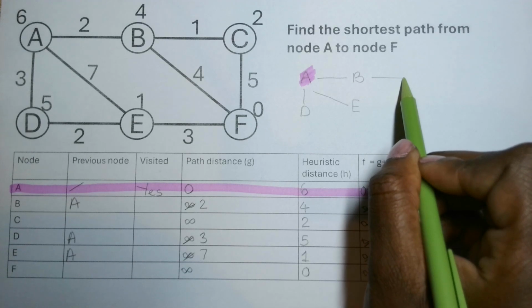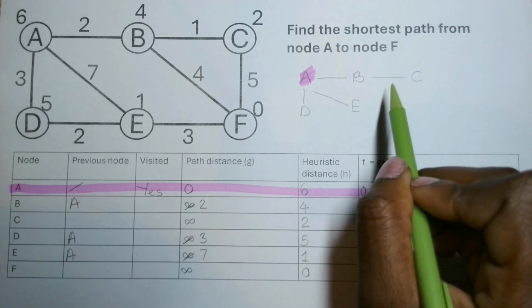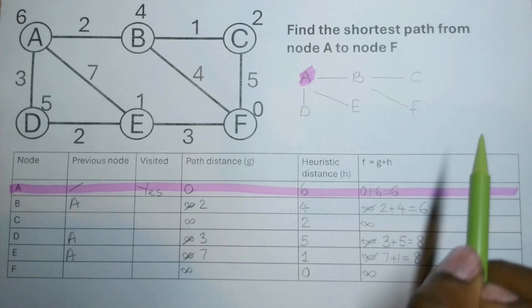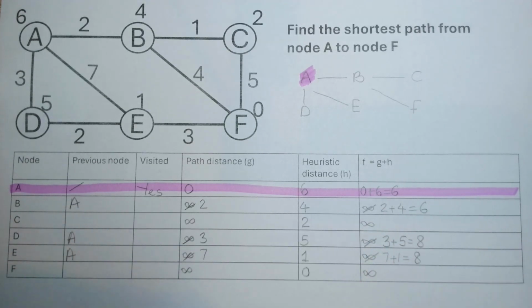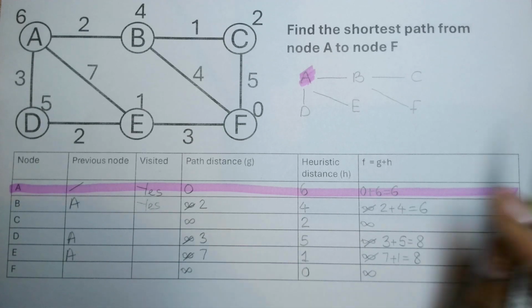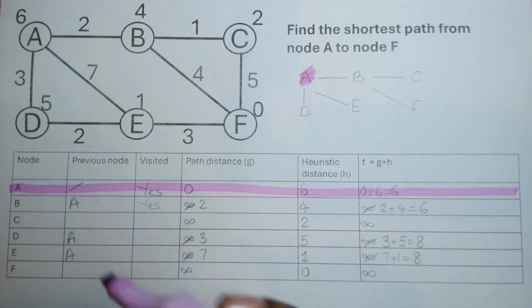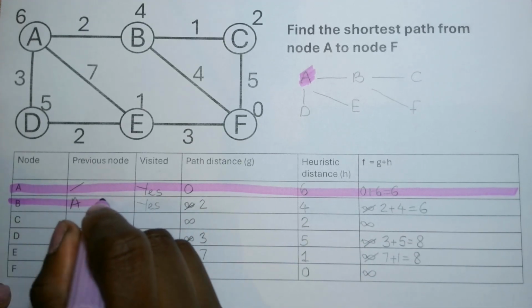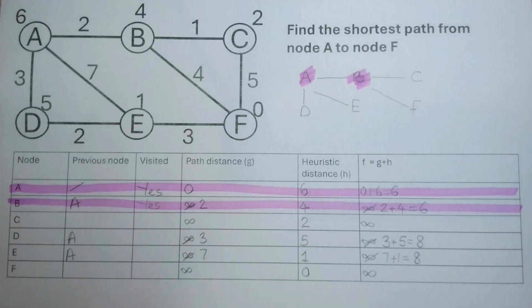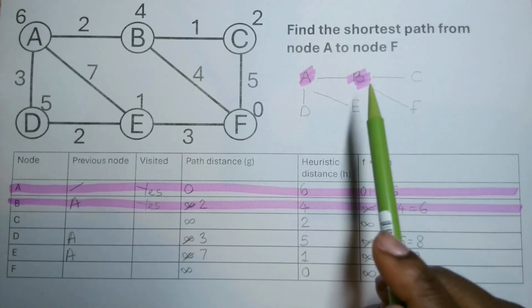B goes to C, and B goes to F. These are its neighbors that have not been visited. So now I can say that B has been visited. Then calculate the G score and the F score.